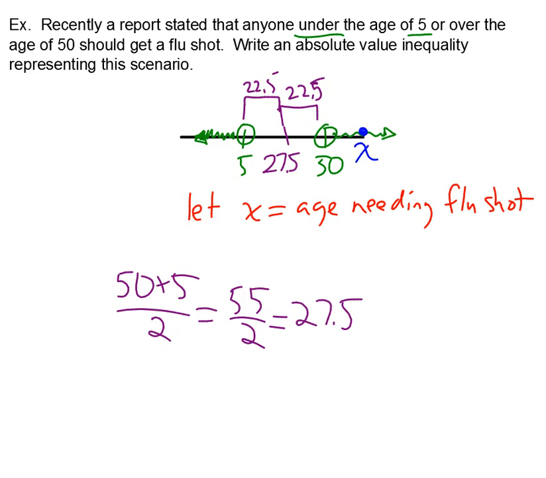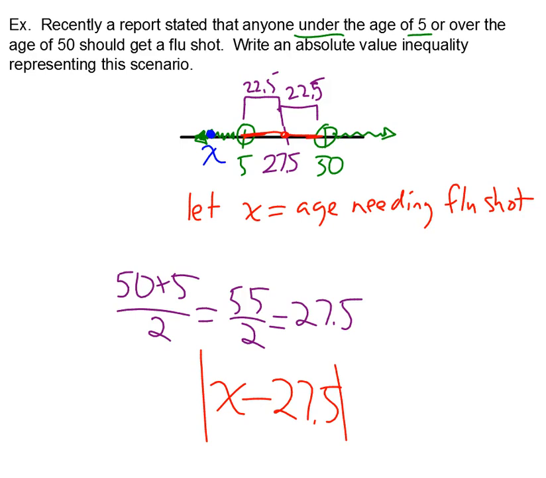So, to represent the ages that need the shot as an absolute value, I'm going to take this age x and find the difference between it and that middle number, 27.5. To get from the middle out to 50, that's 22.5. Wouldn't it have to be greater than 22.5 on the right and greater than 22.5 on the left?